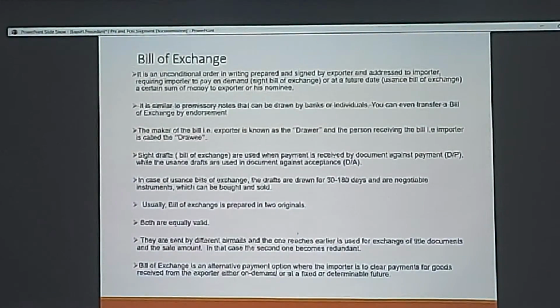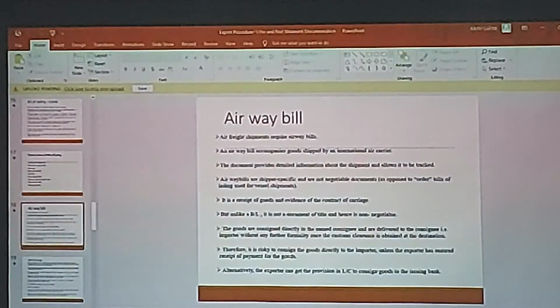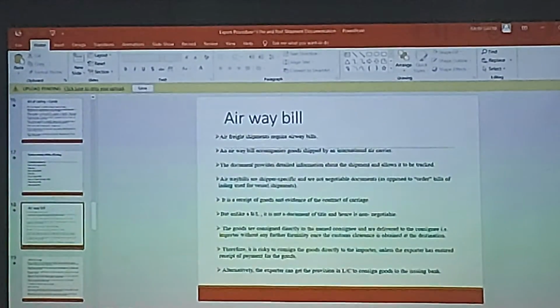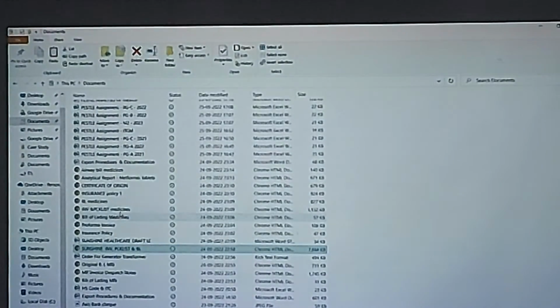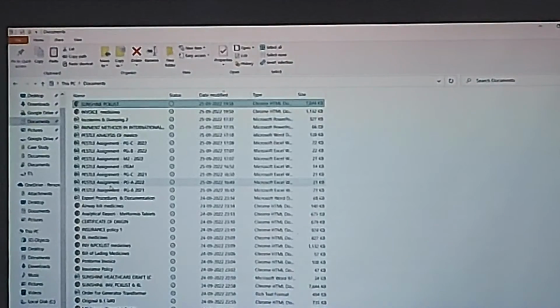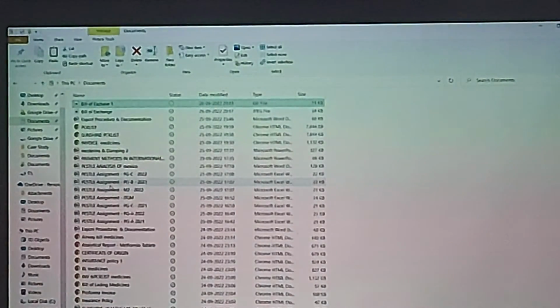Okay, let me show you what a bill of exchange is. Can you see this?